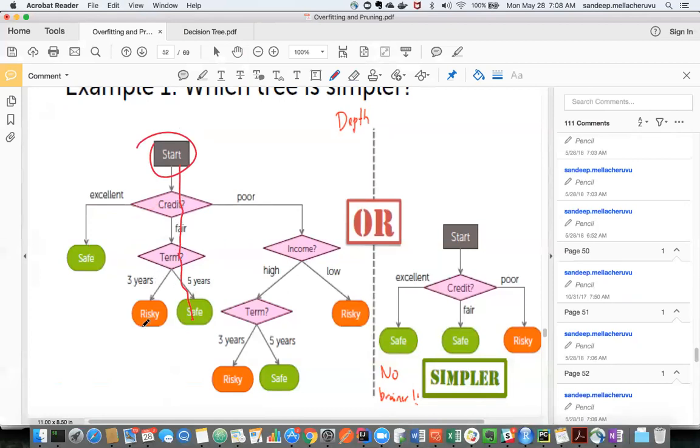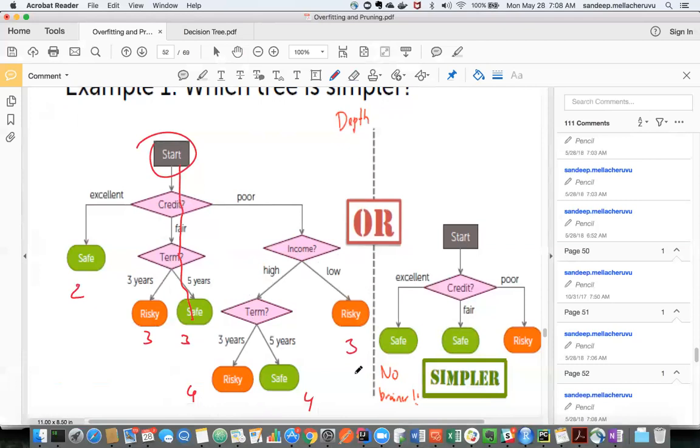Again, this side also it is 3. And if you go this side, 1, 2, 3, 4. So this side it is 4. And this side also it is 4. This is 3, 3, 2. If you go this side, 1, 2, 3. So these are the depths for each leaf node.